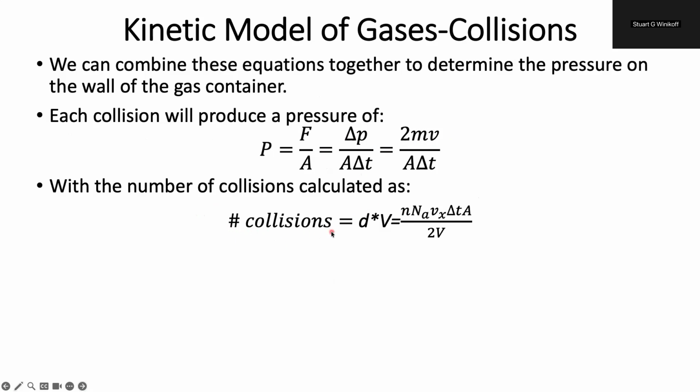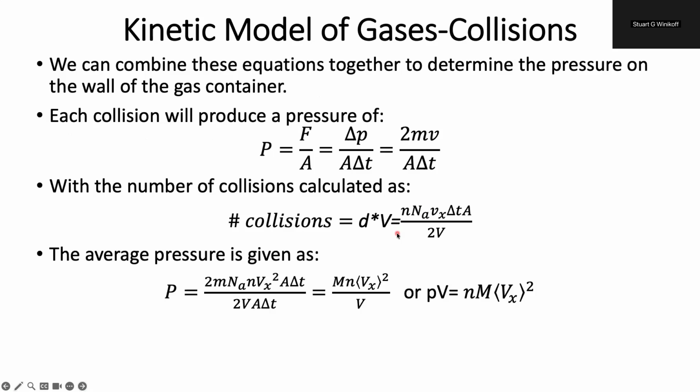So the number of collisions is going to be density times velocity, which gives us this nice, big, messy term where we get moles, Avogadro's number, and V from the density, and the velocity, time, area, and the 2 from the volume that will collide. Now, this will be the pressure for an individual molecule. So the total pressure will simply be these two terms multiplied together.